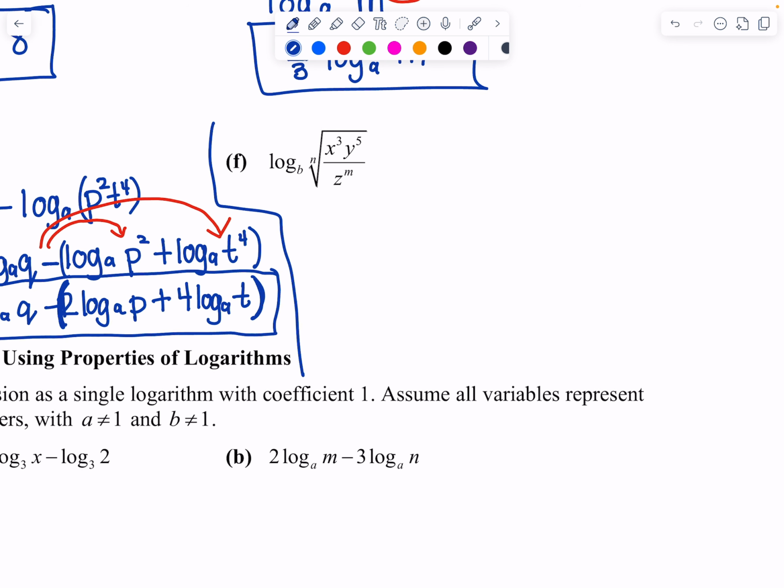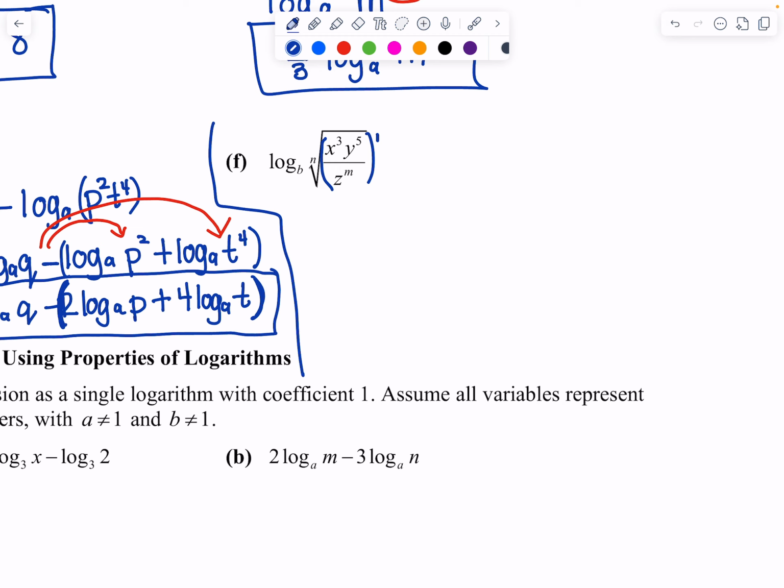Remember, we talked about root and everything. So this is how you have to look at this one. Pretend like this one thing right here is underneath, and that's raised to the first power, right? So when you go to write the root for this, remember you have to rewrite this from a radical to an exponential expression. When it's an exponential expression, that exponent is going to be a fraction.